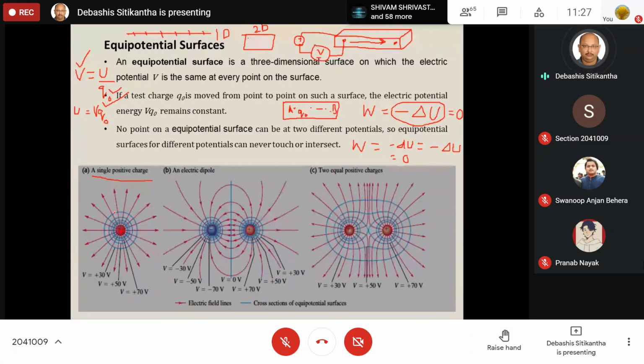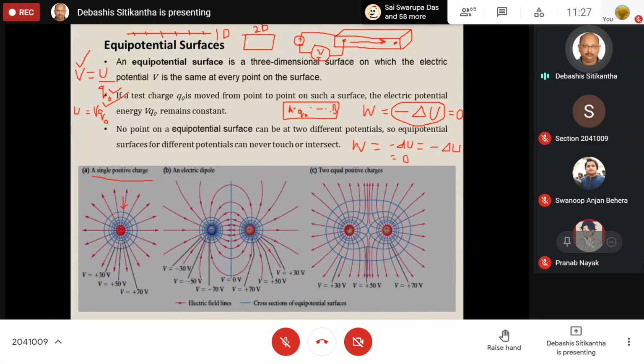coming out. Okay, so if that is the case, let us consider the first contour over here. The blue color one is the contour. Now this contour is not a circle, it is a sphere. Please remember it, because this is a three-dimensional surface. Equipotential surface is three-dimensional, so naturally this one is going to be a sphere.